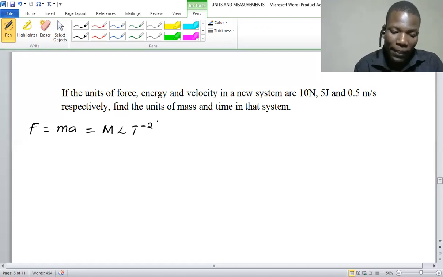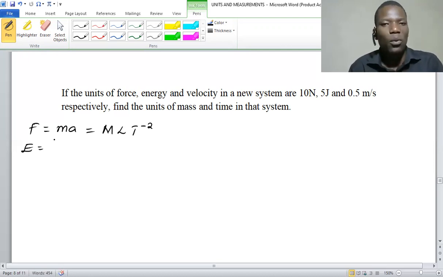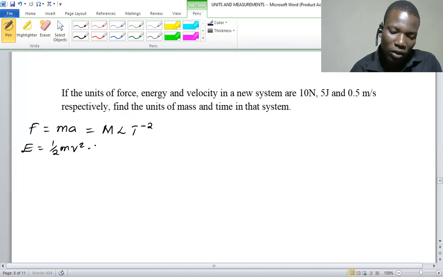All right. And then we have energy, so we can pick, the dimensions are the same. When you talk of potential energy, you talk of kinetic energy, whichever energy, the dimensions are the same. So if we use kinetic energy to get the dimensions of energy, we're going to have the mass, half is dimensionless, and then we have V squared, which gives M L^2 T^-2.